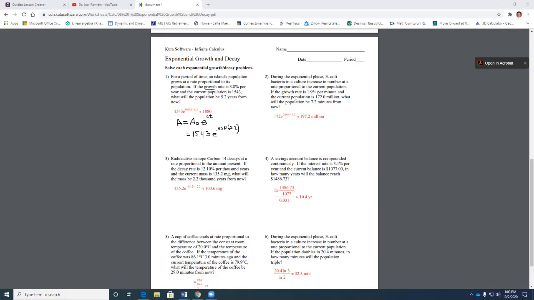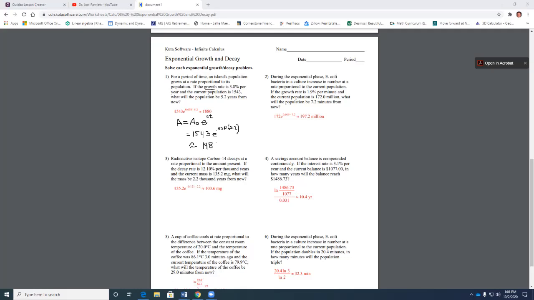And now all I really need to do is just type this into the calculator. And that's going to give me approximately 1,180. I'm sorry, 1,880.